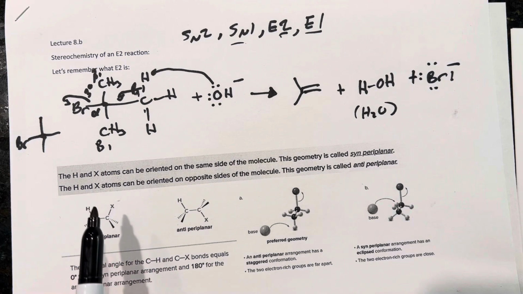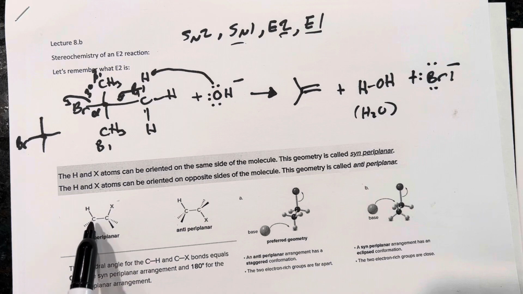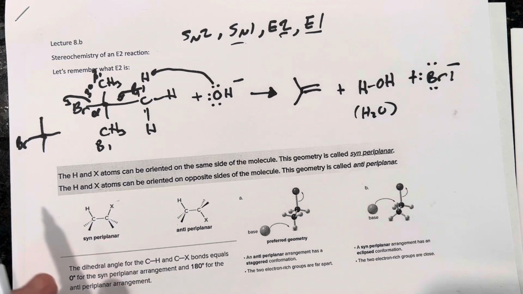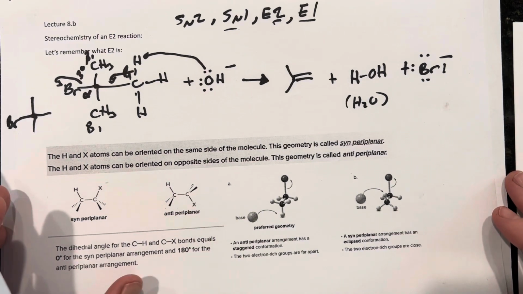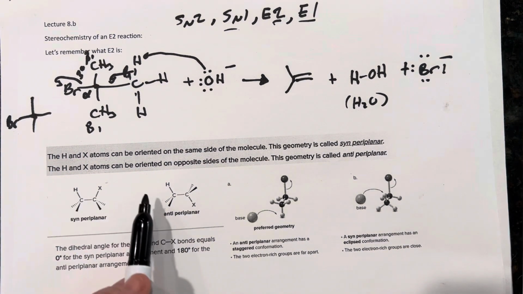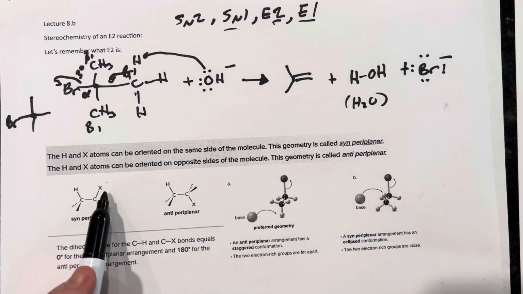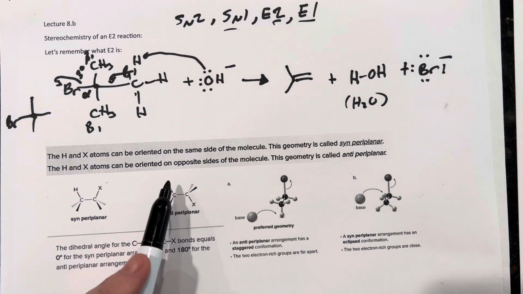Which kind of reaction is going to occur will depend, when you have chiral centers, on where the hydrogen in the alkyl halide is, so where the actual halogen is on these things. In this case, they're on the same side, and in this case, they're on two opposite sides.